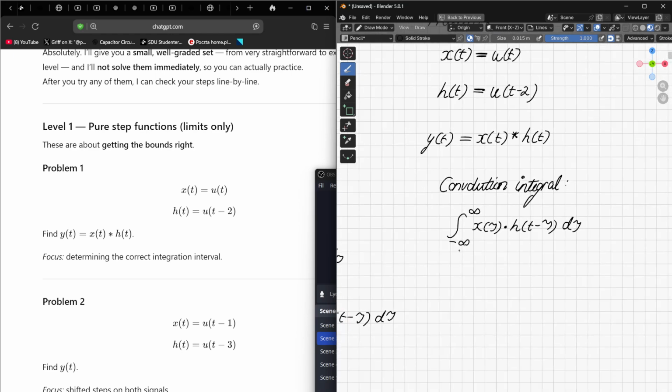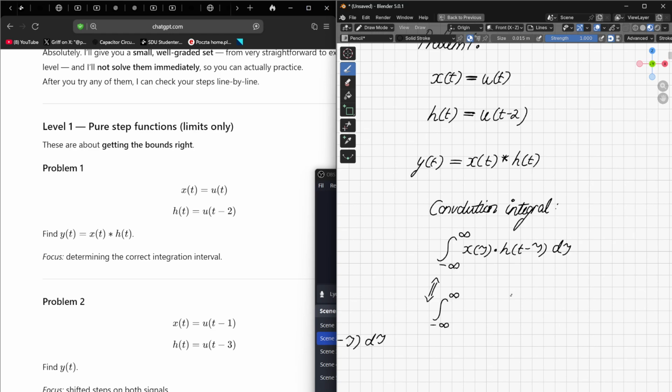So now we can plug this all in here. It's infinity to infinity. So we have u(tau), sorry about that, u(tau) times h. Well, what is h? It's u(t minus 2). Okay, so this is going to be interesting.